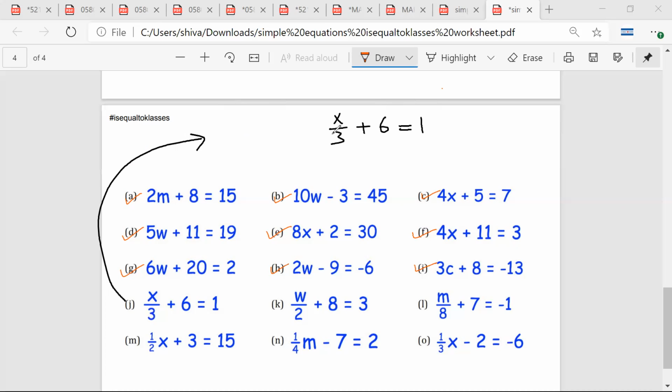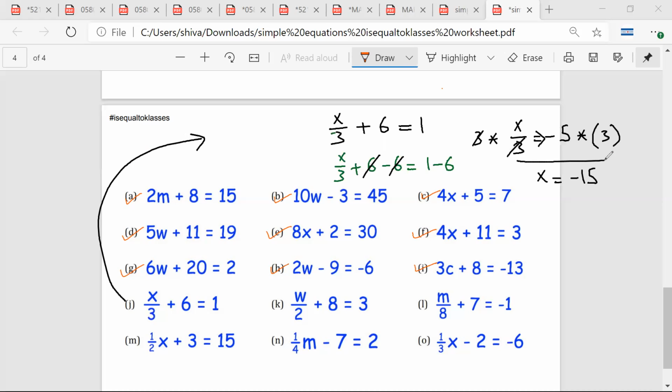So x upon 3 plus 6 minus, I added minus 6 on both sides. Shabash, very nice. And then the 1 became minus 5. So I multiplied 3 on both sides. So the answer is minus 15. Mr. Satya, any confusion? No.